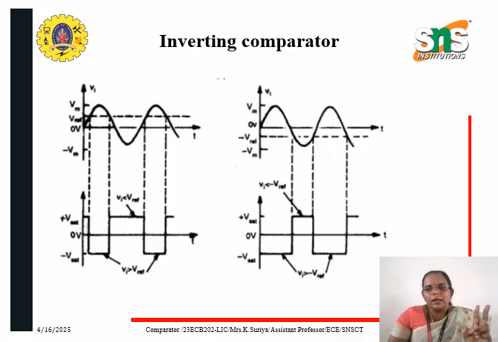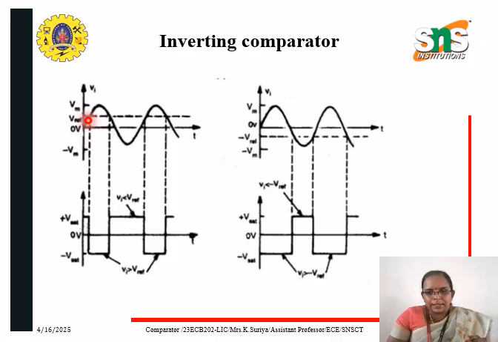So here also there are two diagrams. The first one represents a positive V reference value and the second one represents a negative V reference value. Okay, so in the first case, initially the output is at plus Vsat because V reference is greater than Vi. That is Vi is less than V reference.